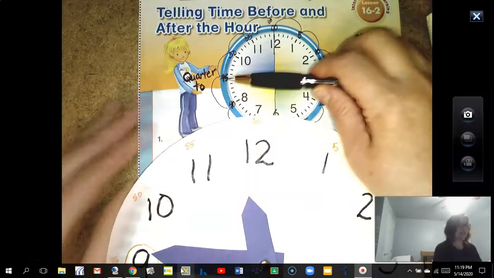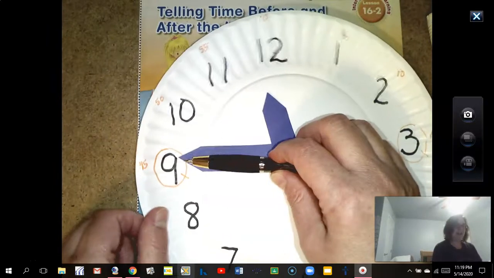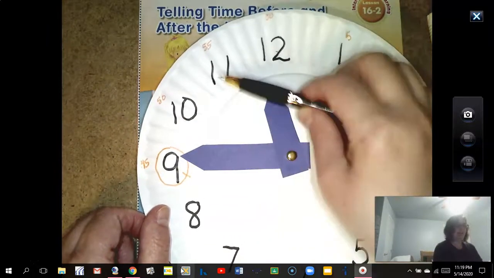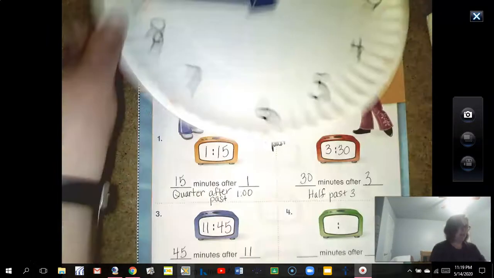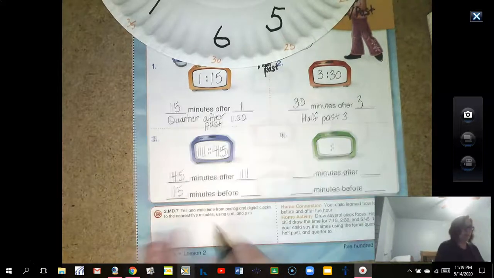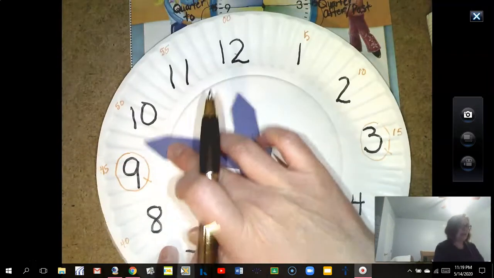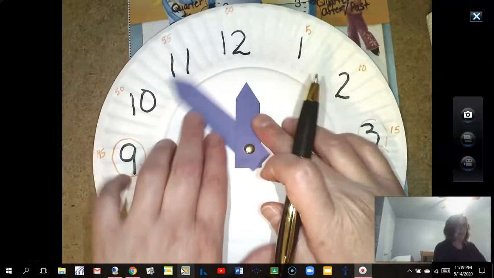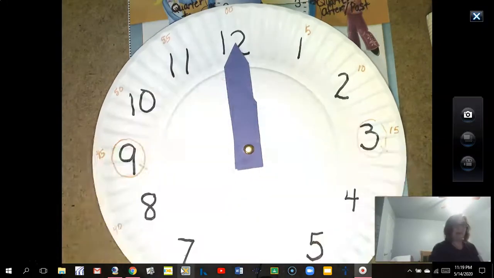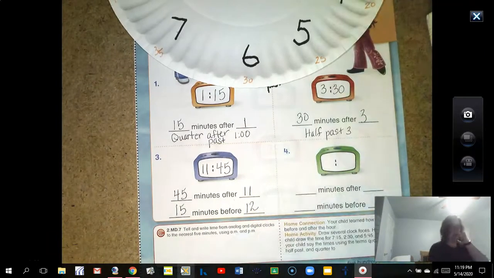So if it's pointing to this 45, it's pointing to this 45. How many minutes do we have? 5, 10, 15 minutes. So down here we put 15 minutes before, what time will it be? 15 minutes before what? 15 minutes before 12. It will be 12 o'clock. 15 minutes before 12.